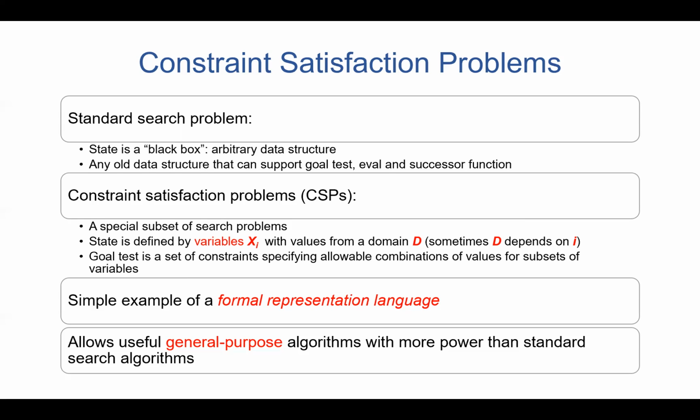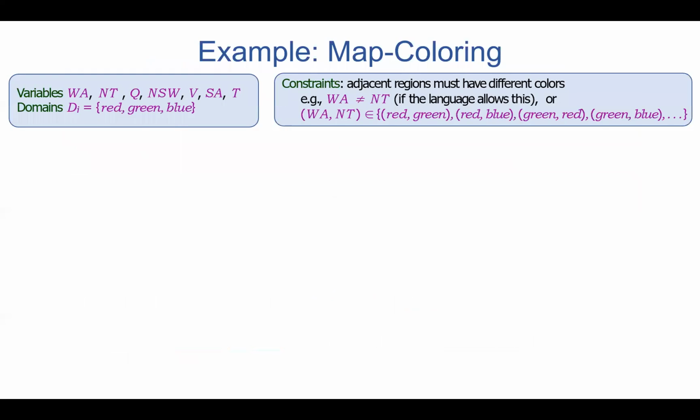Okay, so it basically allows useful general purpose algorithms with much more power than standard search algorithms. And let's talk about one of the most famous problems that has been solved using constraint satisfaction problems, map coloring. How do we color the map? Something like this.